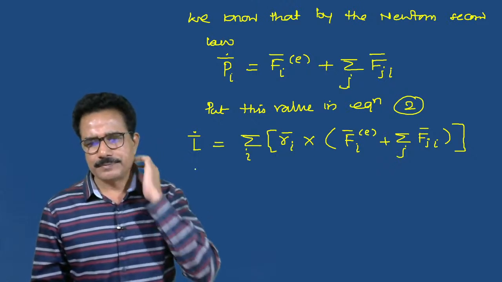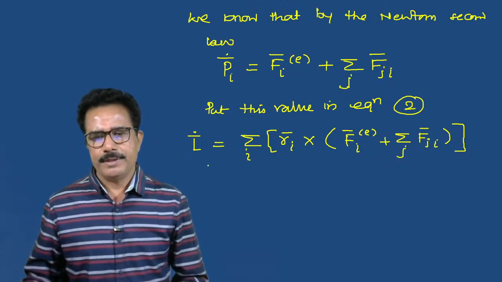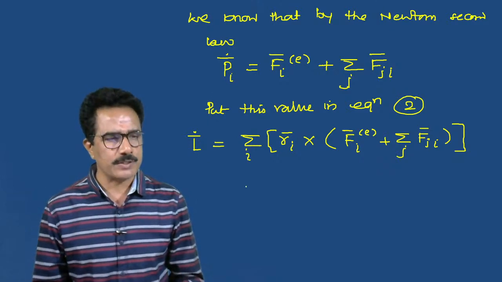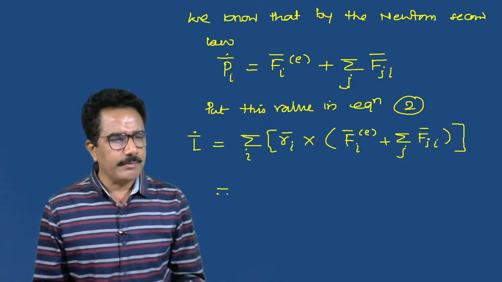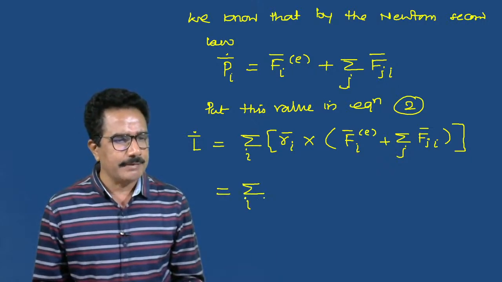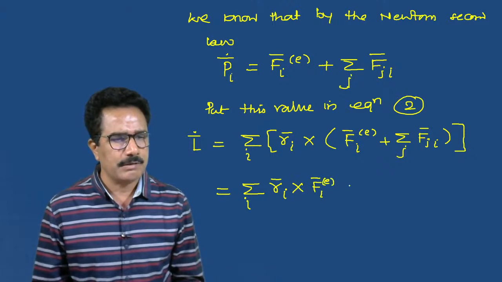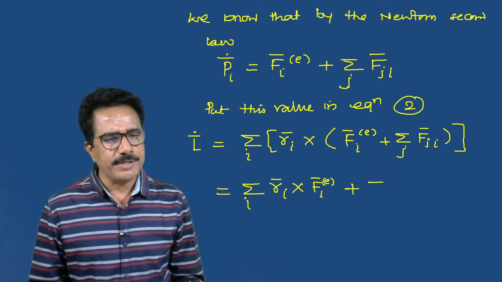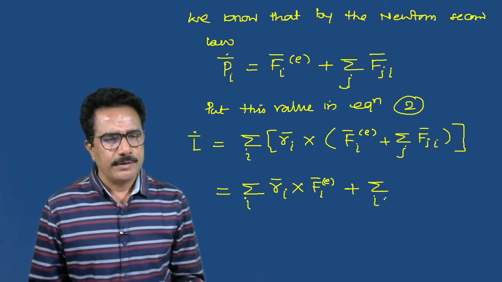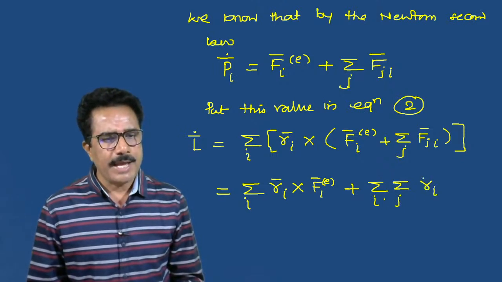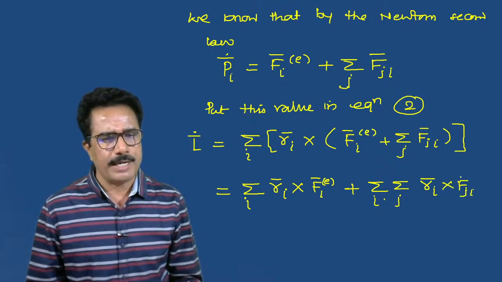Now we can take the summation over i in the bracket and multiply this cross product. So we get summation over i r_i bar cross F_i external, plus summation over i, summation over j, r_i bar cross F_ji bar.